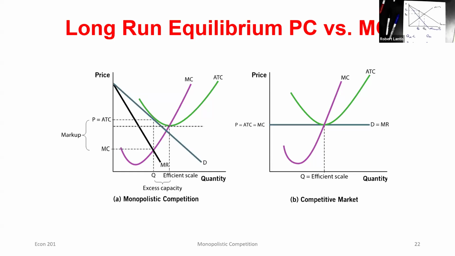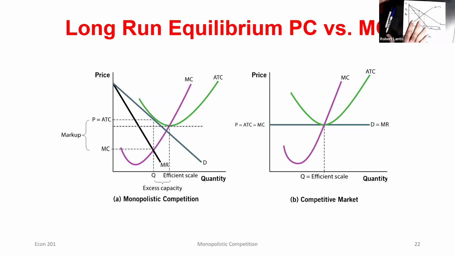Now, putting it on this graph, I would actually need market demand, so I would have to add up every single firm's demand curve. Instead of muddying this graph up too much, ultimately what we know is that if each firm is going to face a smaller portion of demand, there's now some competition. What's going to happen to my demand curve? It's going to be a little bit more elastic, or a little bit flatter.